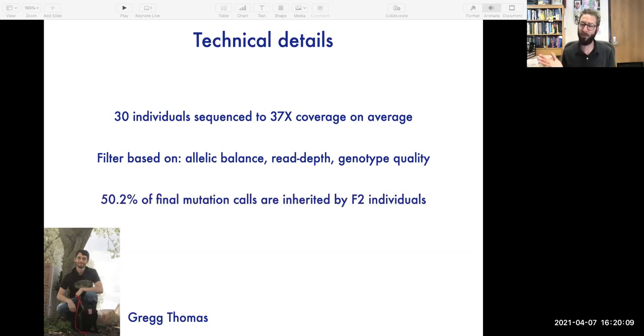And then the F2 individuals are especially useful because if we're calling mutations correctly, half of them should be inherited by the offspring, by the F2 individuals. So half of the mutations we call in the first generation should be called in the F2. So that's always our nice internal check. Are we doing this correctly? Yes, because we see basically exactly half of our mutations being passed on.